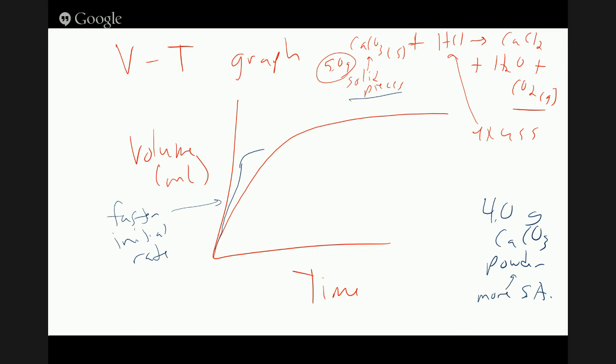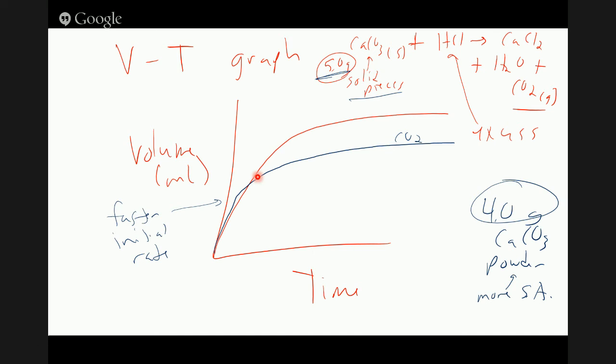However, at some point, and I didn't draw this very well, let me see if I can draw it a little bit better. It's going to be faster initially, but I'm going to finish with less CO2 because I only used 4 grams instead of 5. So the key here, like this might be a 2-mark question, is to draw the line for 4 grams of calcium carbonate powder. Those 4 grams of powder have more surface area, so it's going to be a little bit steeper here.